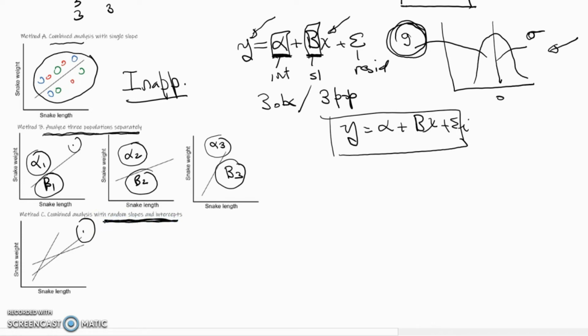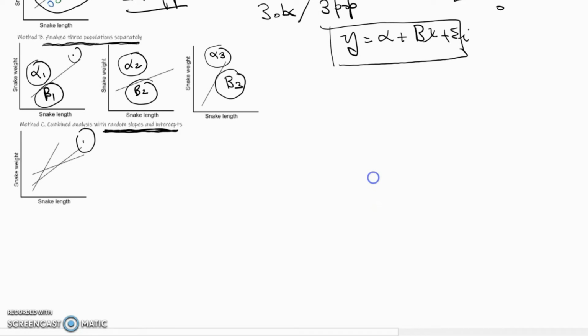And this may be a bit new to some of you. So what are we going to do here? Again, try not to get too caught up on the icon. Focus on the process by which the data come about. What we're going to assume is that we're going to have a random distribution of intercepts.